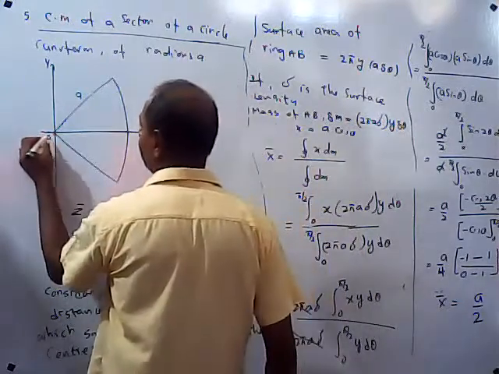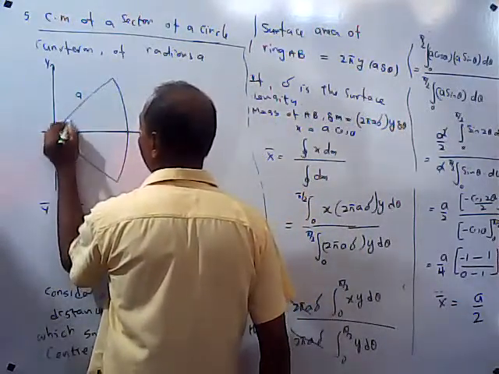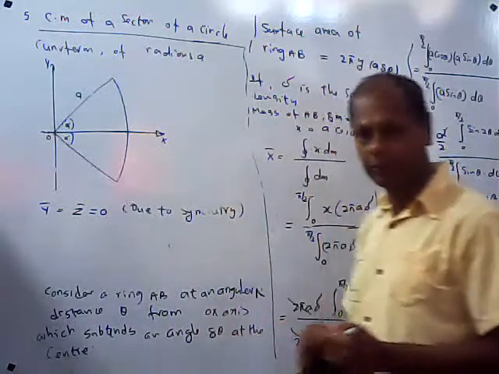So I'll take it as subtending an angle 2 alpha at the center. Alpha is fixed.